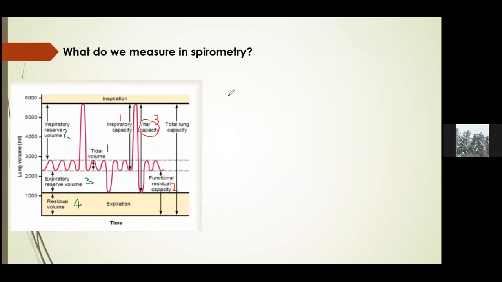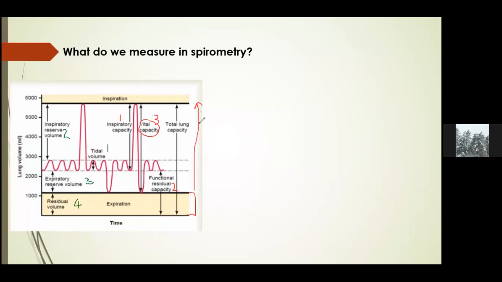Now, the next one I want you to take into consideration is that when you take the maximum inspiration, it did not start from 0. Remember, it started from the residual volume that normally remains in your lungs, and then you took in your vital capacity.